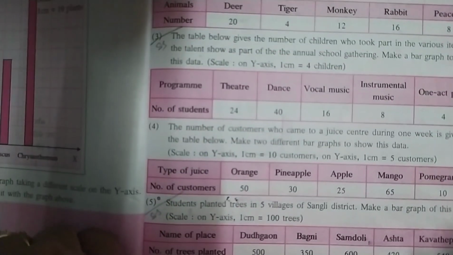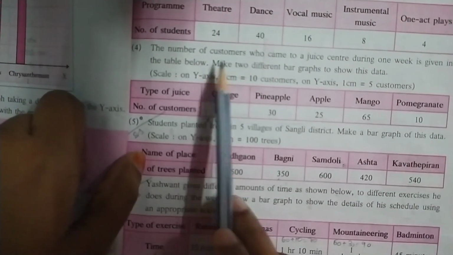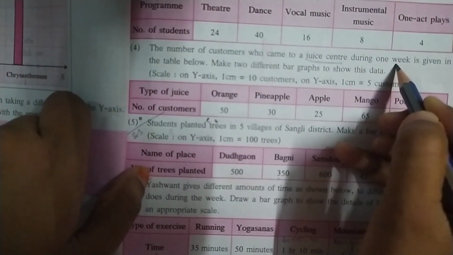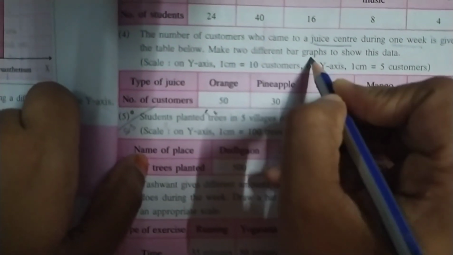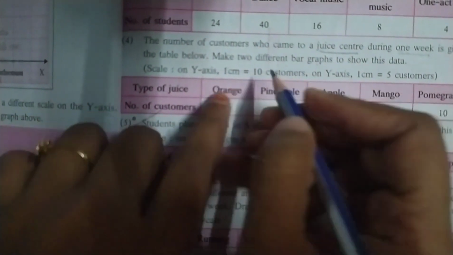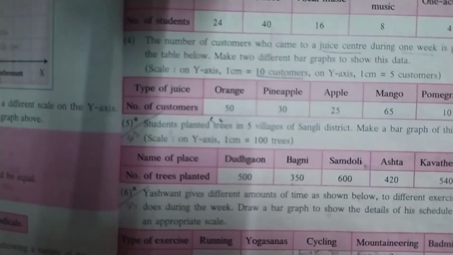Now let us move towards the next one. The fourth question. The number of customers who came to a juice center during 1 week is given in the table below. Make 2 different bar graphs to show this data. Scale on y-axis is 1 centimeter equals 10 customers. So the table of 10 will be used.